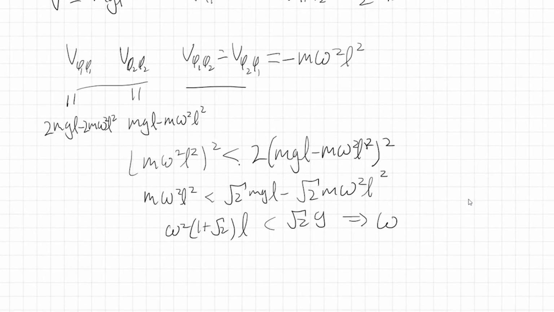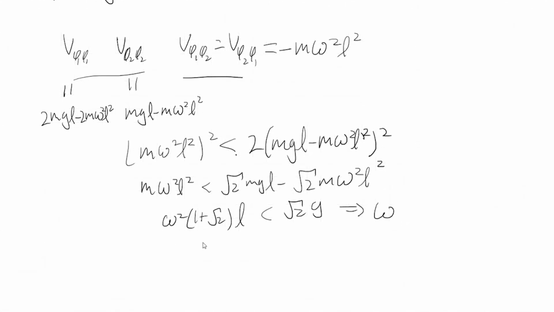So it should be a less than sign here, and this gives us that omega squared is less than, if we rationalize the denominator there, root 2 times root 2, 2 minus root 2 over 2 minus 1, times g over L. And so that's the answer to that part there.